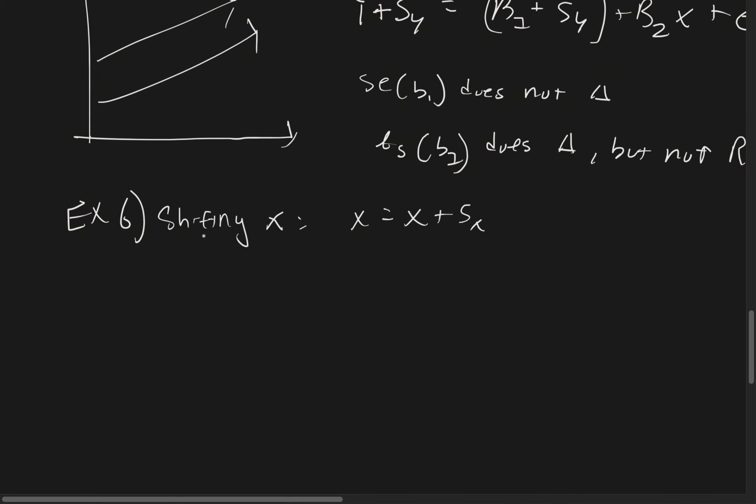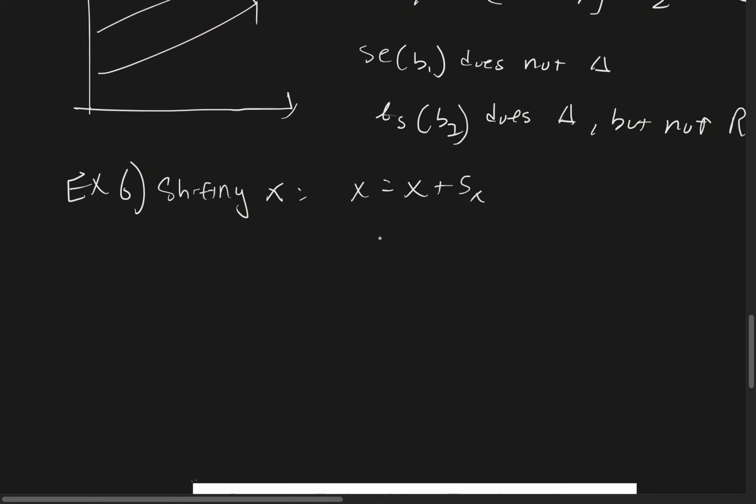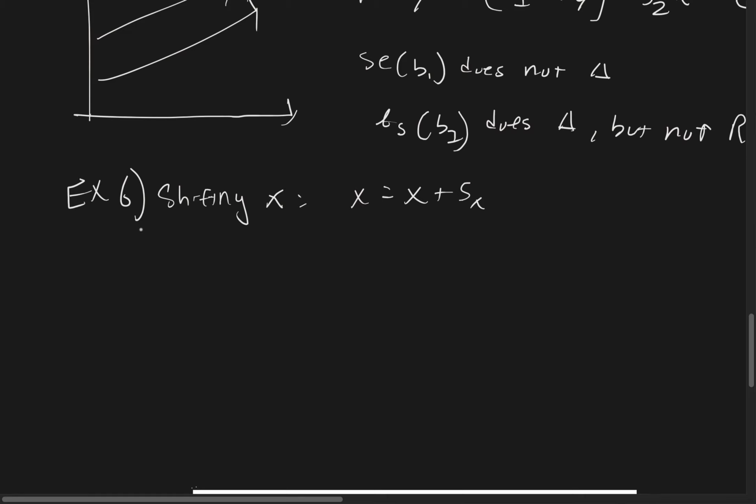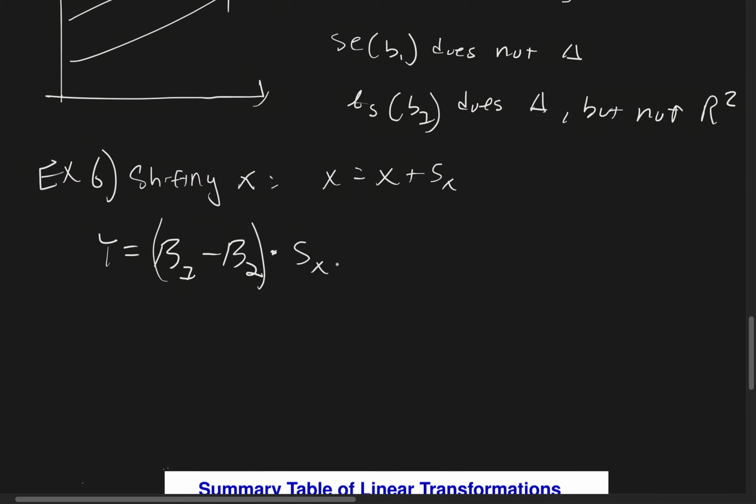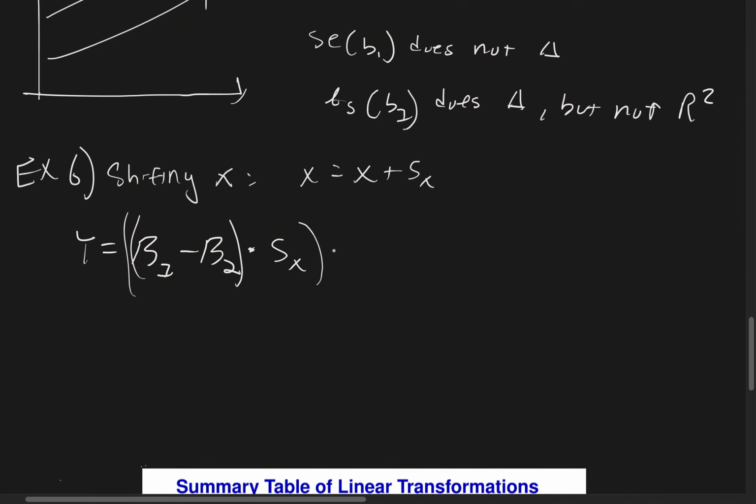And then for our last example, if we shift x, then we'll get the equation of beta 1 minus beta 2 times s of x. I'm guessing that there's supposed to be a parenthesis here, not in my notes, but that's what I'm guessing. So beta 1 minus beta 2, if we shift s of x, or I guess that's the intercept.